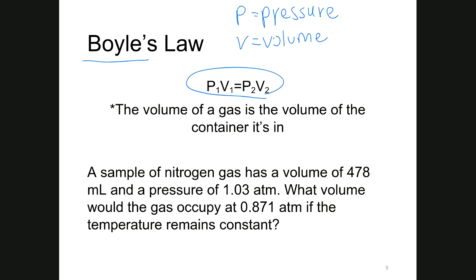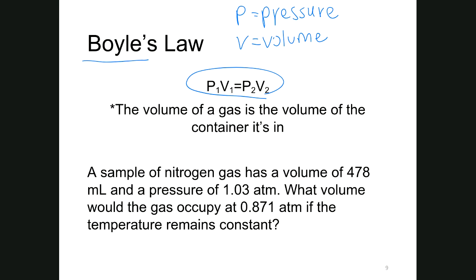Now, as for our units, pressure can be in any unit. We've looked at atmospheres, torr, millimeters of mercury. It doesn't matter what unit it is in as long as we have the same unit on both sides of that equal sign. As for volume, same thing. It can be any volume unit as long as it's the same on both sides.